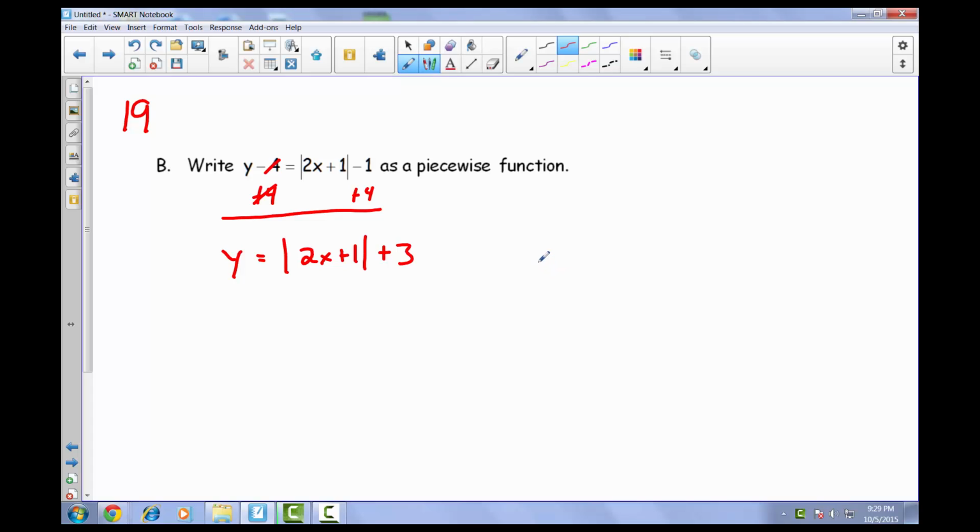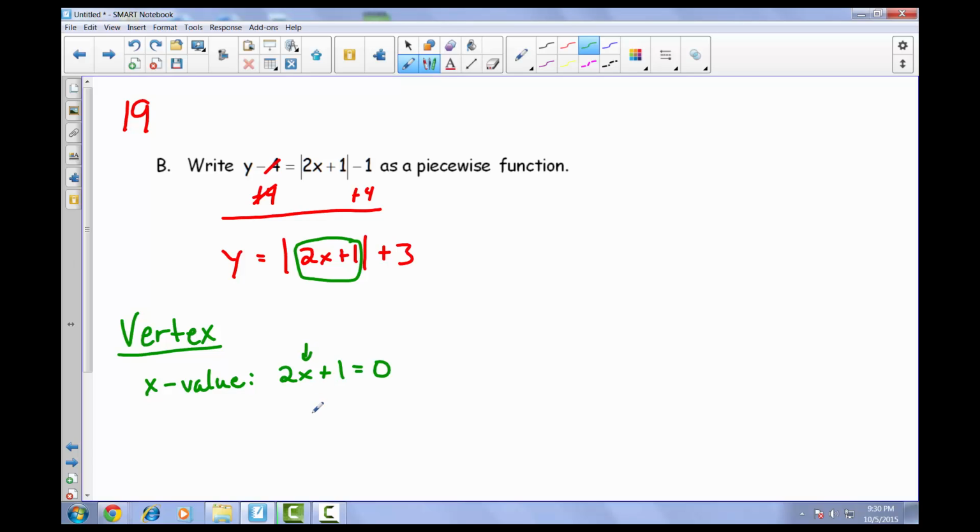Now our goal here is to again write this as a piecewise function. And in order to do that, we first have to determine what our vertex is, because the vertex is really what tells us the break between our two different functions. Now to find the x value, we're going to take whatever is inside of our absolute value and set that equal to 0. So we have 2x plus 1 is equal to 0, and then we're trying to solve for x.